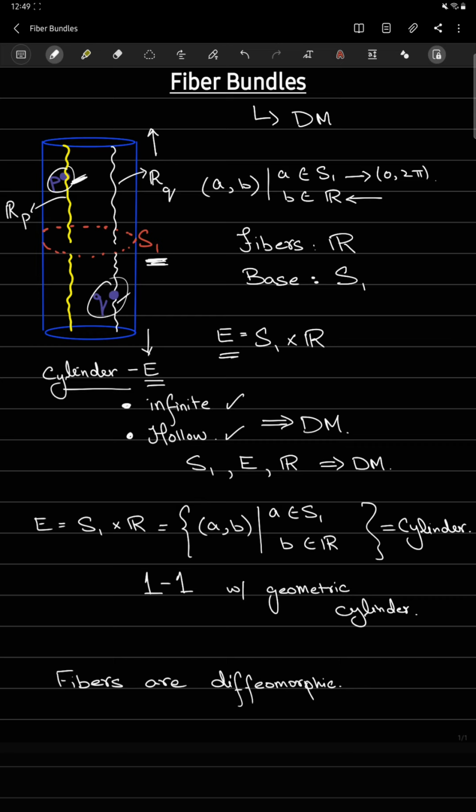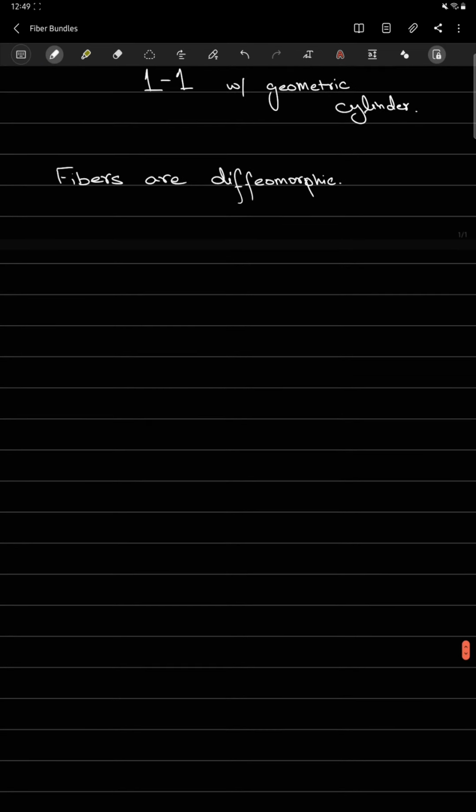Okay, now let's move a bit further and let's ask a question about the topology of everything that we have discussed so far, at least. So we know from topology that if I have two topological spaces, say let's just consider this one again, S1 and R, right?